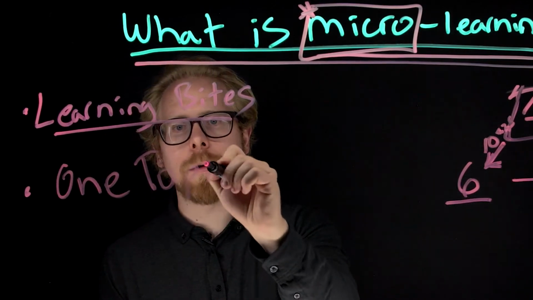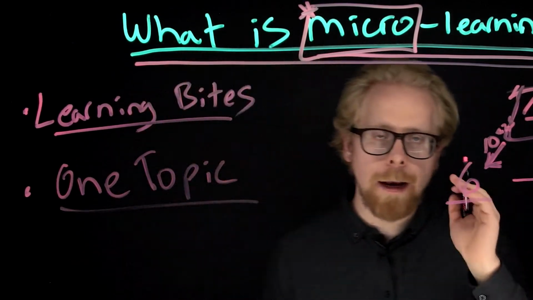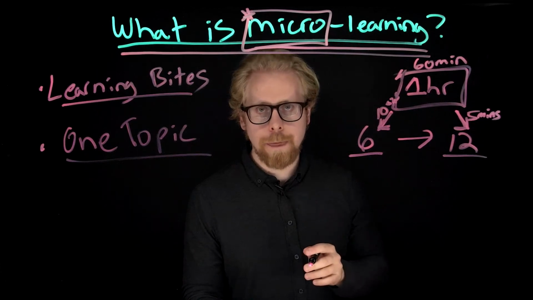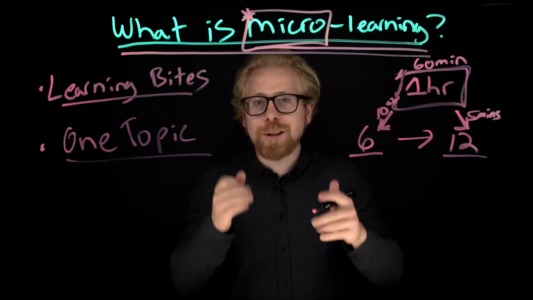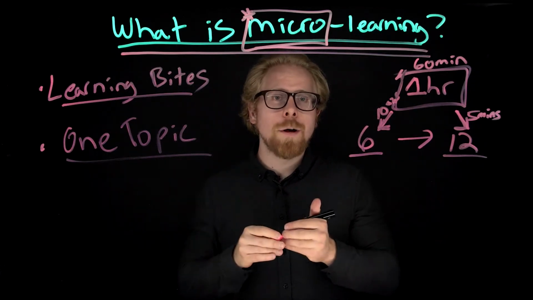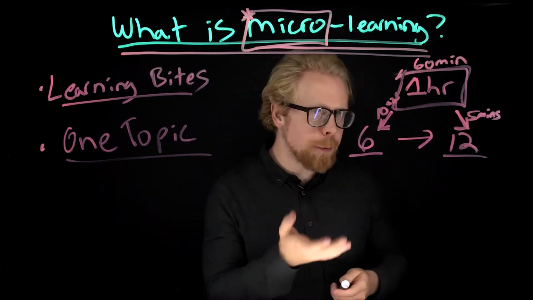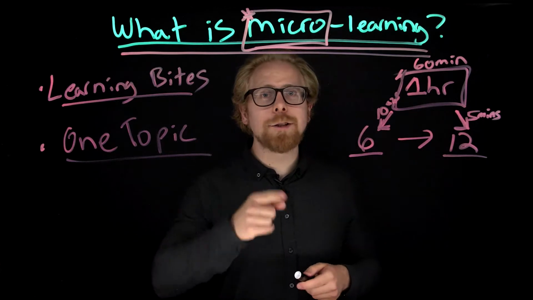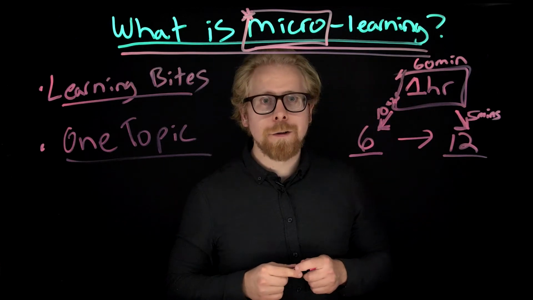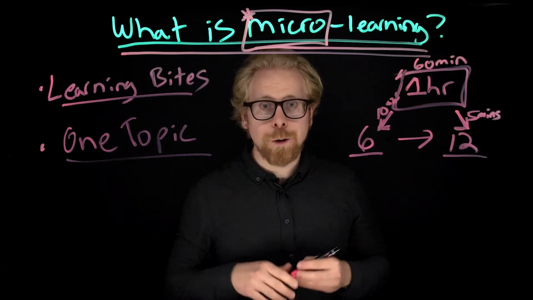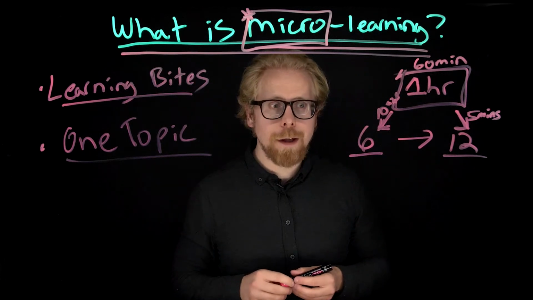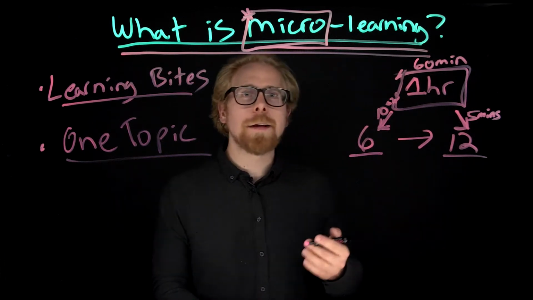One topic in that 5 to 10 minutes of content. So now it's easier for you to stay on track when it comes to, oh, did we say enough about that topic? And it makes it easier for your learner to take in all the knowledge that you're providing them in that topic because they get a break.